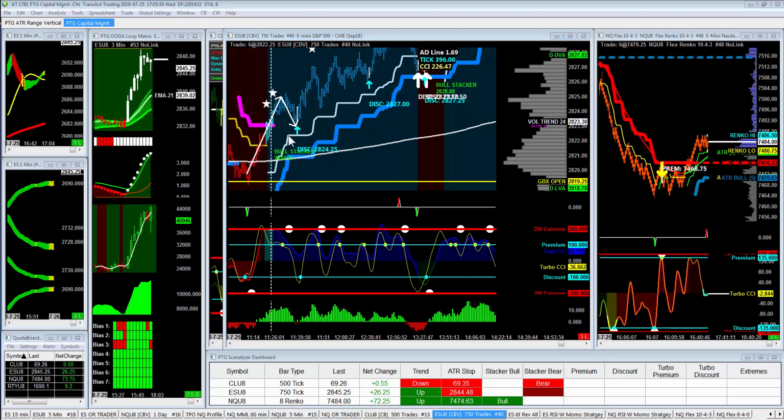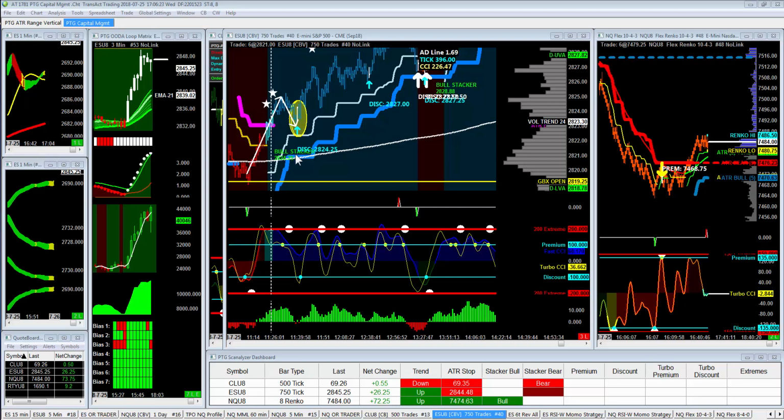So that's the type of signal we're looking for: an entry or a signal that is relatively shallow, because I don't expect a deep pullback, since the momentum has shifted. So with that shift in momentum, we're looking to get on board.